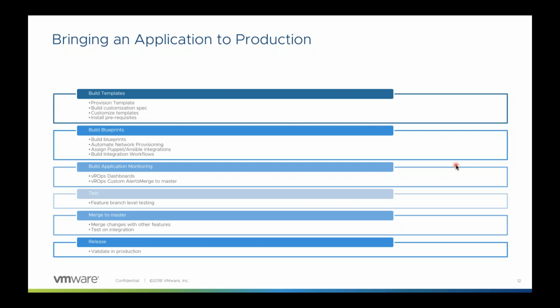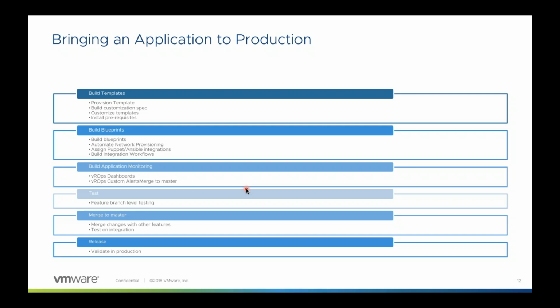So now we go off and we build some dashboards, we build some alerts, we merge all those things to master, and that's where we do testing on our feature branch, and then merge to master, where we can merge our changes with other features. We can test on an integration system, and then when it's time, at the end of the sprint, at the end of a push to production, we can validate that all those bits got released to production at the right time, and they can move in lockstep.